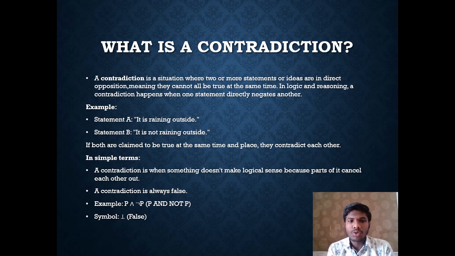If both are claimed to be true at the same time and place, they contradict each other. In simple terms, a contradiction is when something does not make logical sense because parts of it cancel each other. A contradiction is always false. Example: P and not P. This indicates the symbol of false.